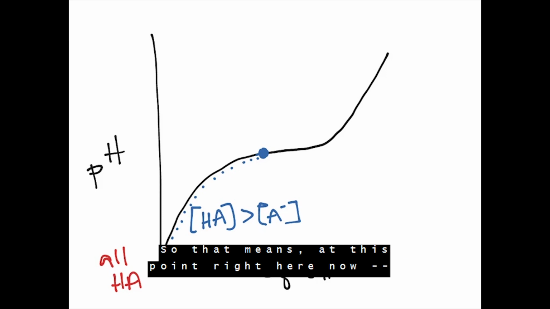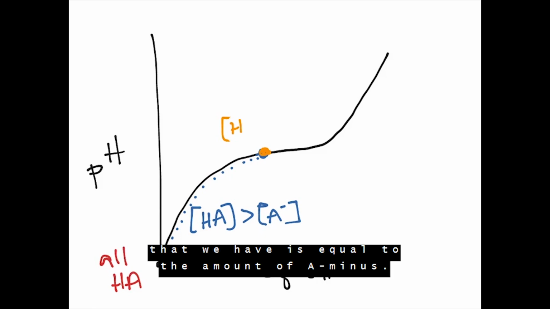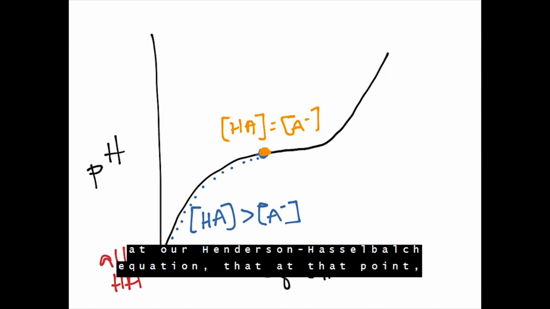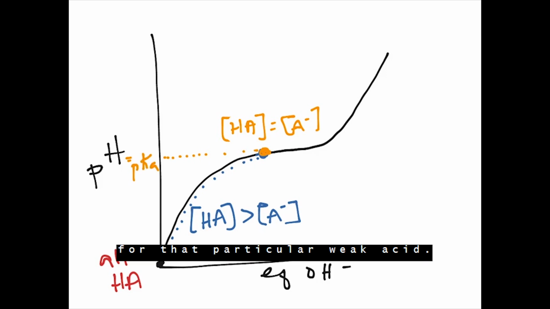So that means at this point right here, actually maybe I should change that to a gold color, the amount of HA, oops, I forgot to put the H. The amount of HA that we have is equal to the amount of A minus. And we also know from looking at our Henderson-Hasselbalch equation that at that point the pH value is equal to whatever the pKa is for that particular weak acid.